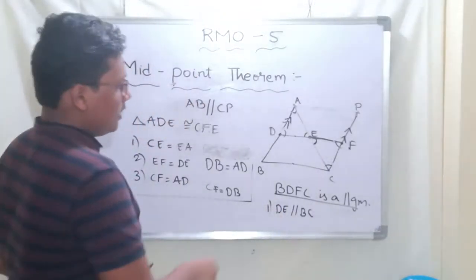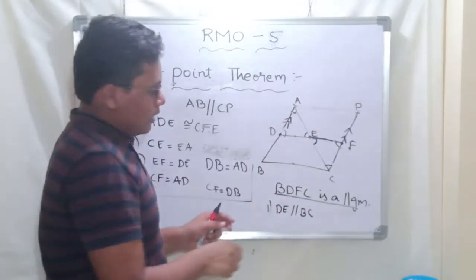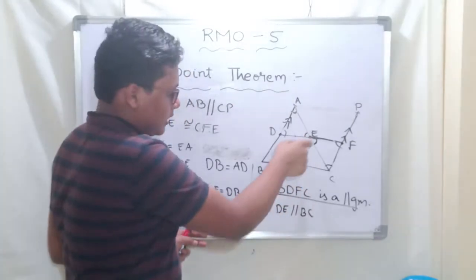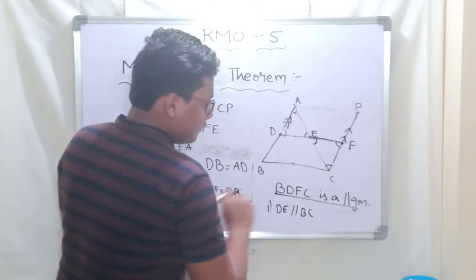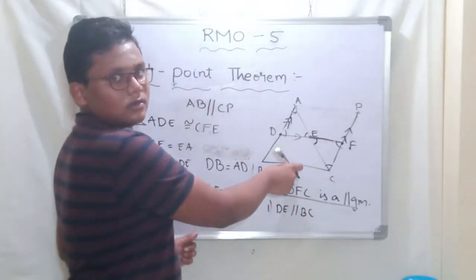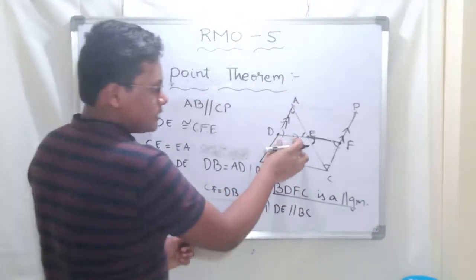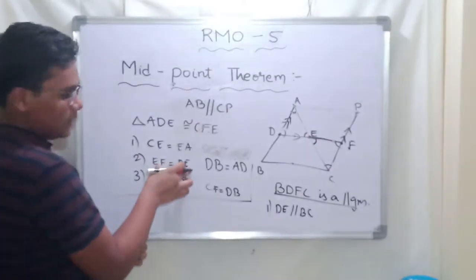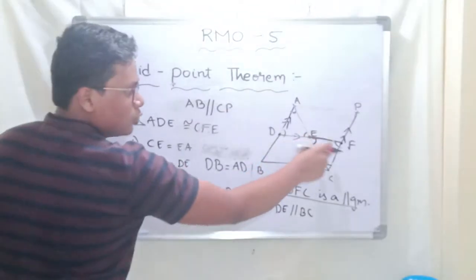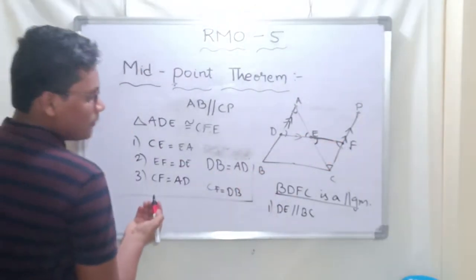In BDFC, these two sides are also parallel and equal. We got EF is equal to DE, so we can write EF as DE.